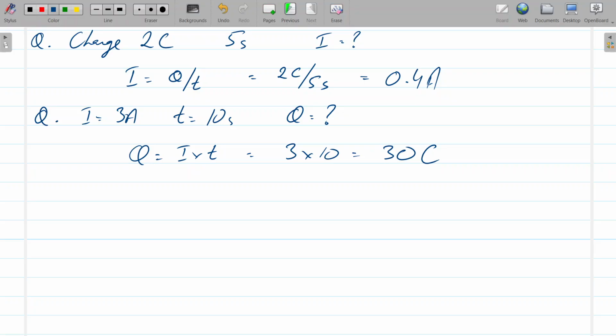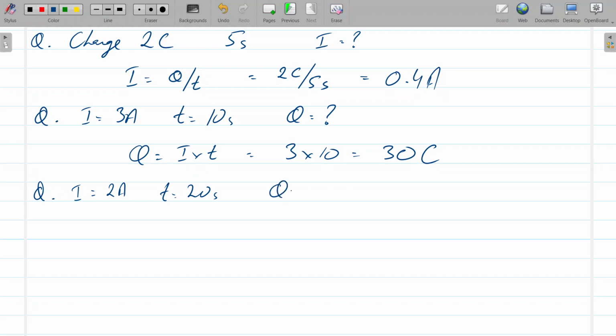So there are two more questions. It says you have a current of 2 amperes, I equals 2 amperes, and it flows for 20 seconds. So T equals 20 seconds. Again, they're asking how much charge passes.